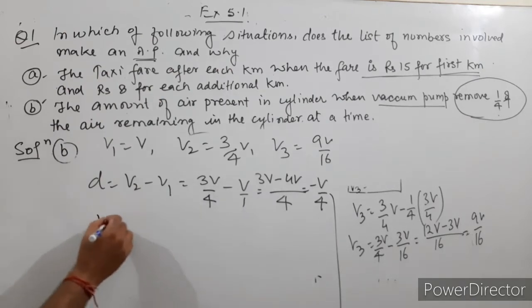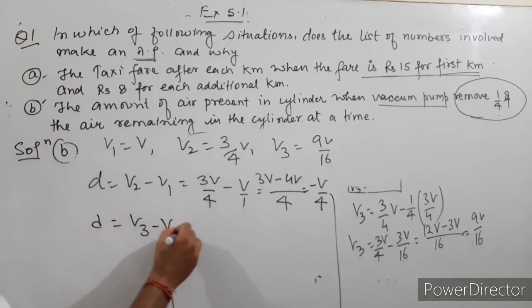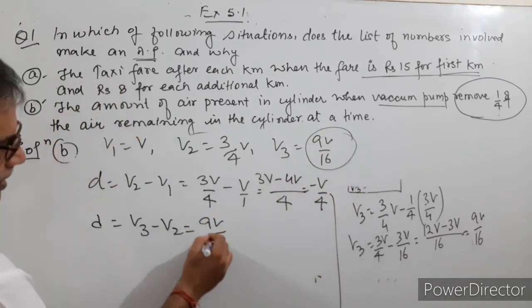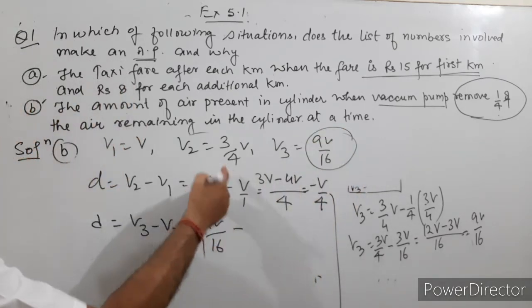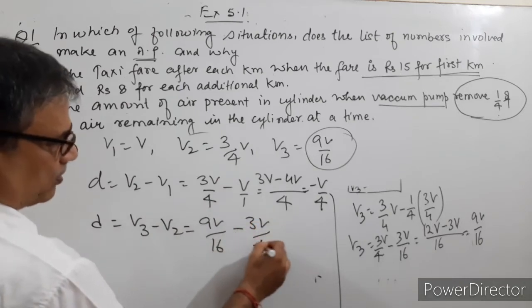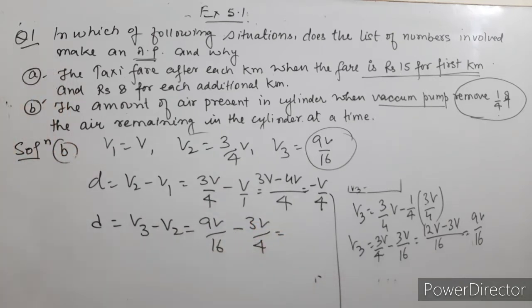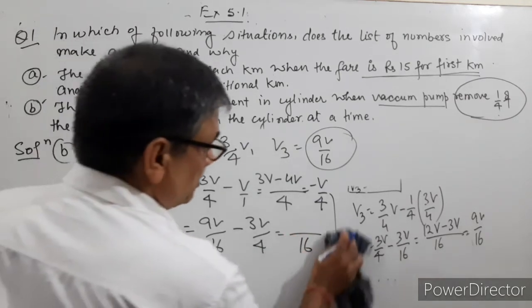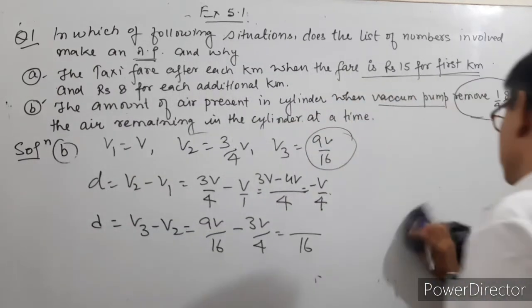And now again D is equal to V3 minus V2. What is V3? Here is V3, 9V upon 16, minus V2, 3V upon 4. Now taking LCM. And now what is LCM? LCM is 16. Try to solve it and find its value.